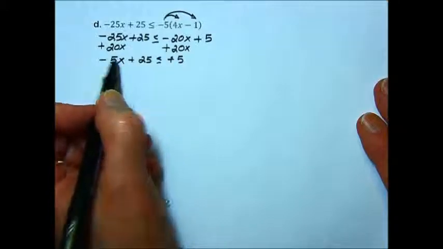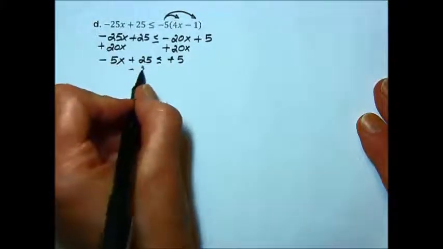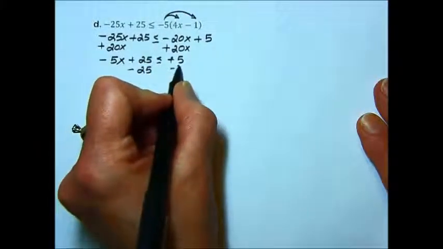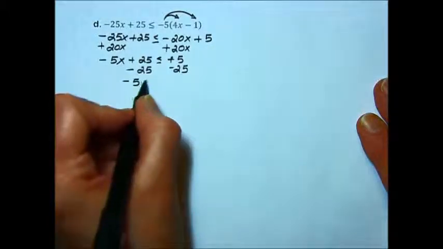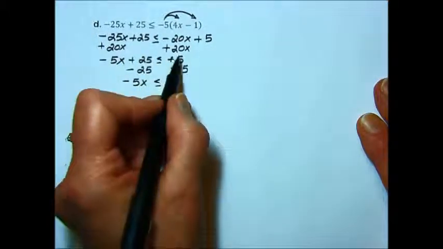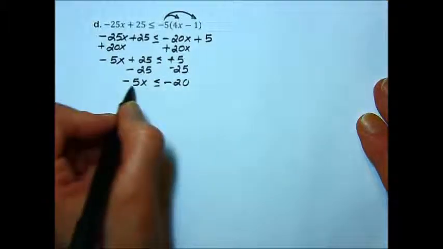And we have the x's on one side, but we need to get x by itself. So first step is to get rid of the 25. That's gone, still leaving our negative 5x less than or equal to 5 plus negative 25, which is negative 20.